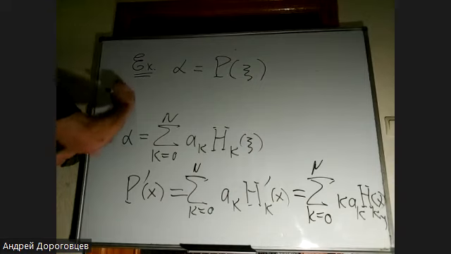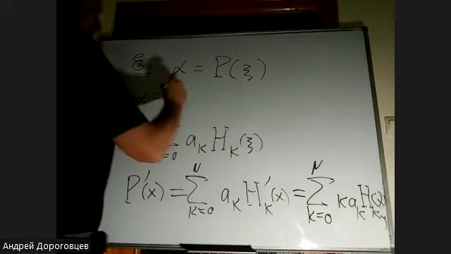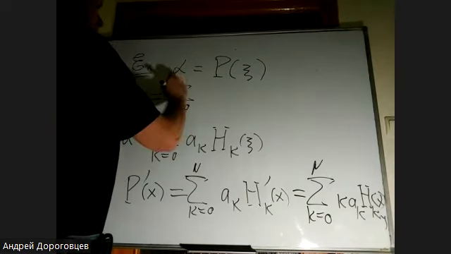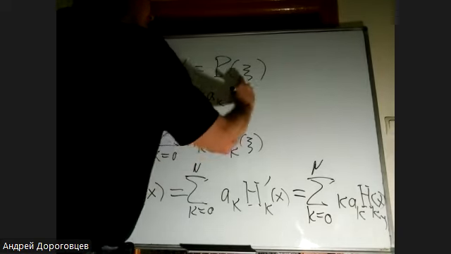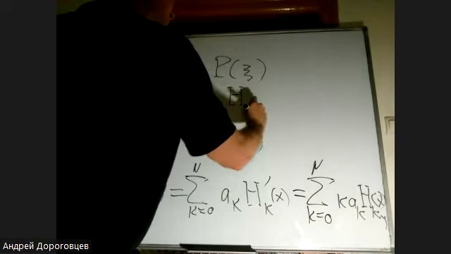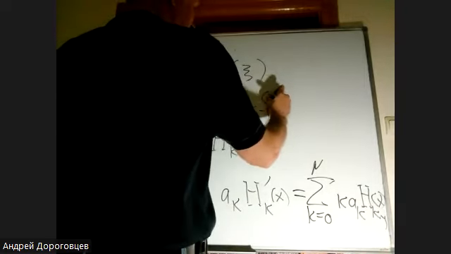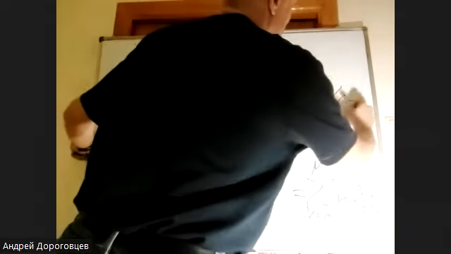And you see that d alpha is equal to the sum from k equals 0 to n, by our definition, of k a_k h_{k-1} of psi, and is equal to p prime of psi.